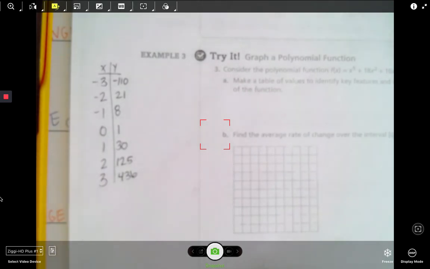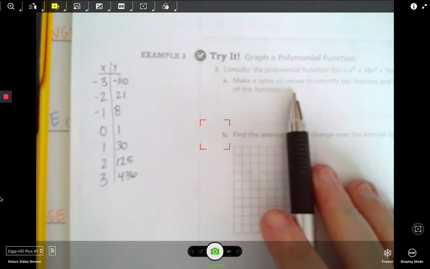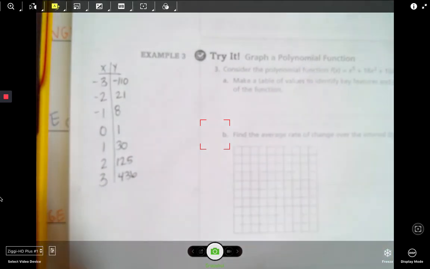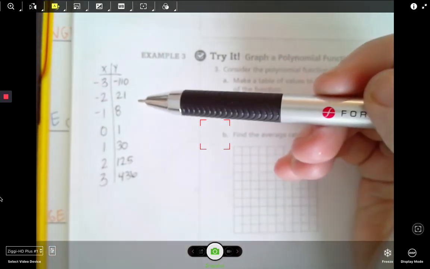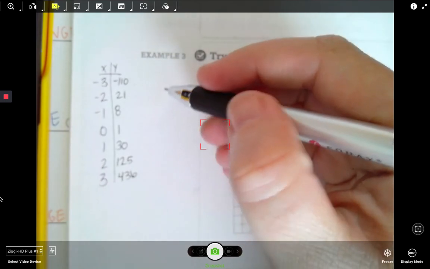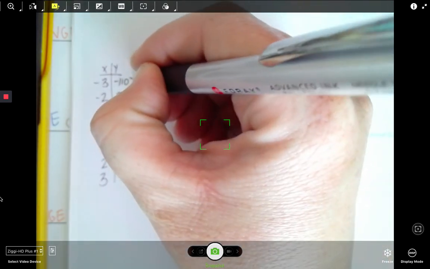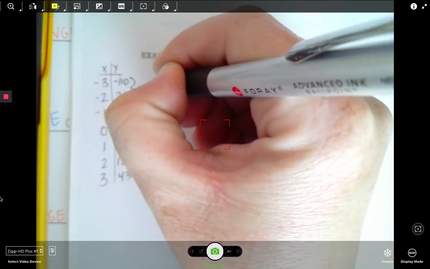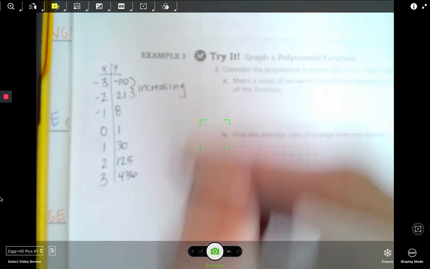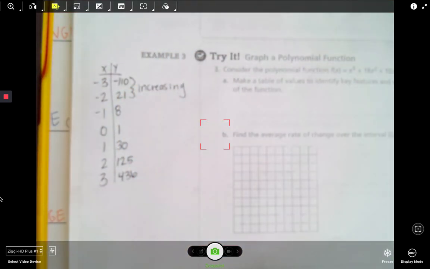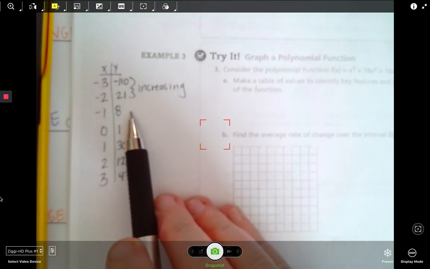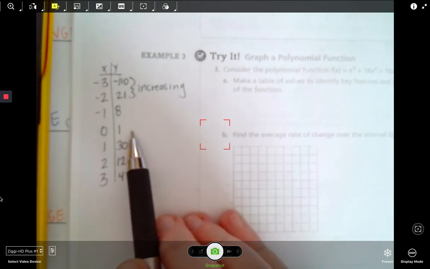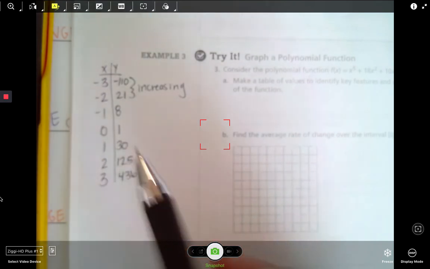Make a table of values to identify the key features. So going from -112 to 21, am I increasing or decreasing? I'm increasing, so I'm going to write that. But from 21 to 8, what am I doing? Decreasing. What about from 8 to 1? I'm still decreasing. What about from 1 to 30? I'm finally increasing.